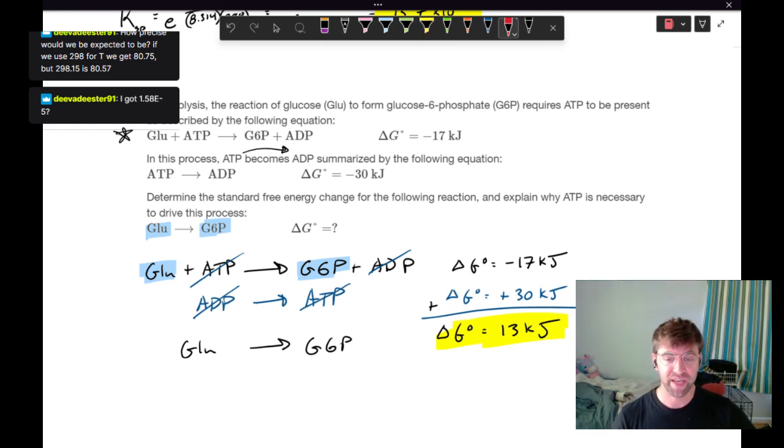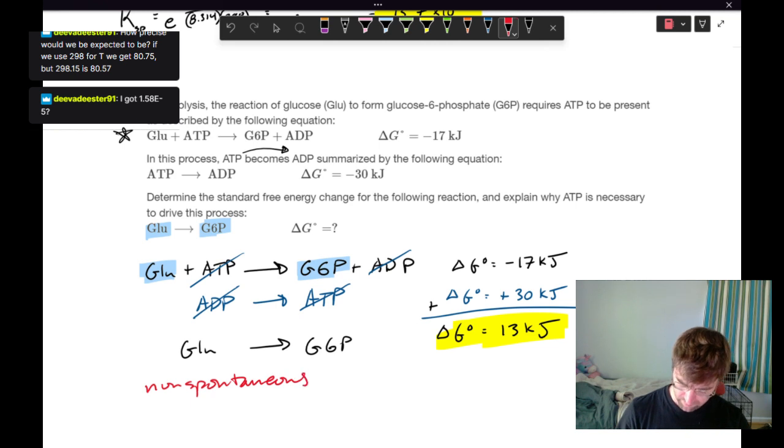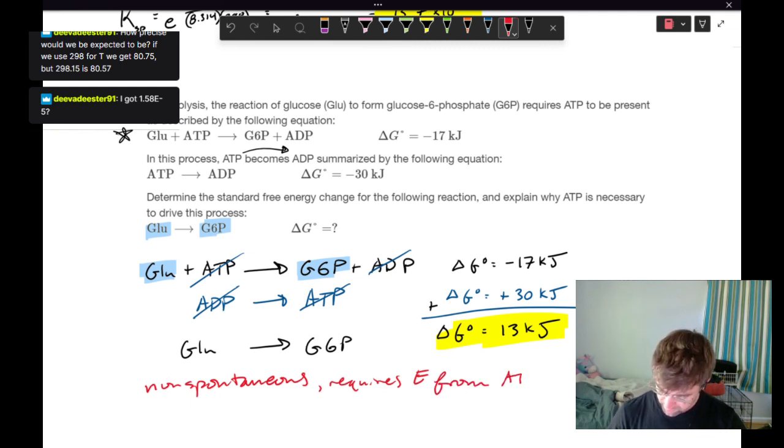And so in order to get from glucose to G6P, it has to be coupled with the energetically favorable dephosphorylation of ATP to ADP. Requires energy from ATP to proceed.